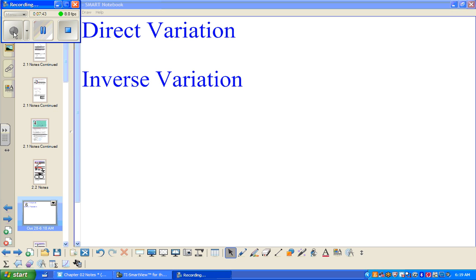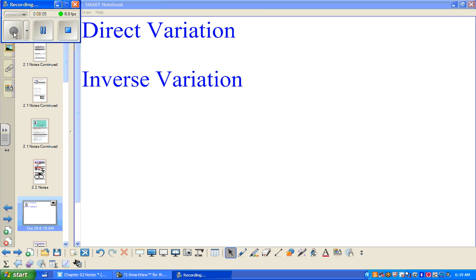The next thing I want to mention that may cause some confusion is direct variation versus inverse variation. It's basically terminology used to describe different power functions and some other types of functions. But a power function formula with positive powers are statements of direct variation.